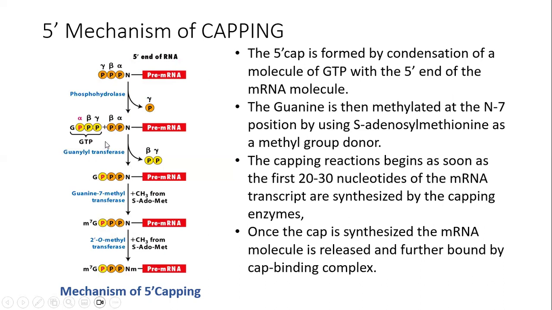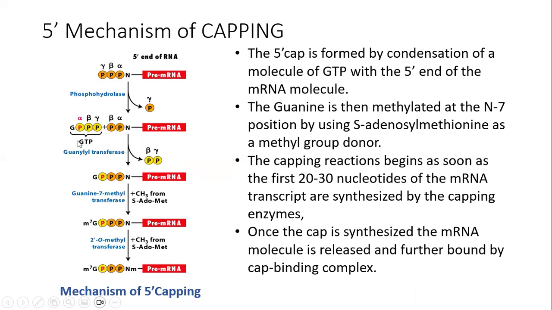Then a GTP molecule enters in the reverse orientation, so that we have bond formation between the 5' phosphate groups of both nucleotides.